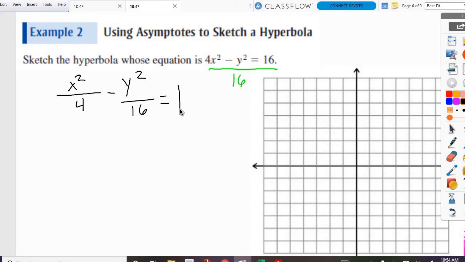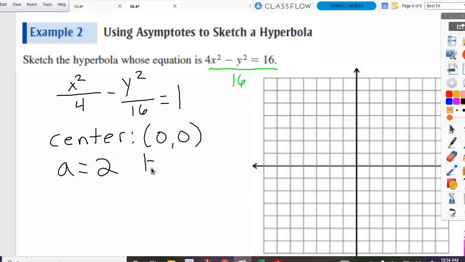So what is your center? 0, 0. What's your a value? 2. 4. And your b value? So if I graph my center, then where are our vertices going to be?